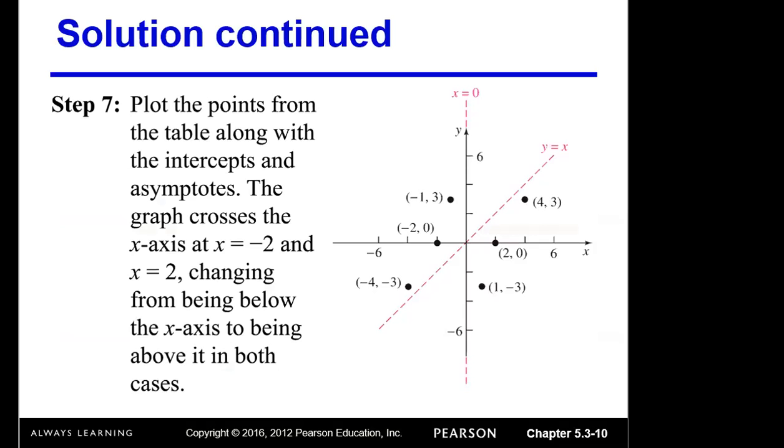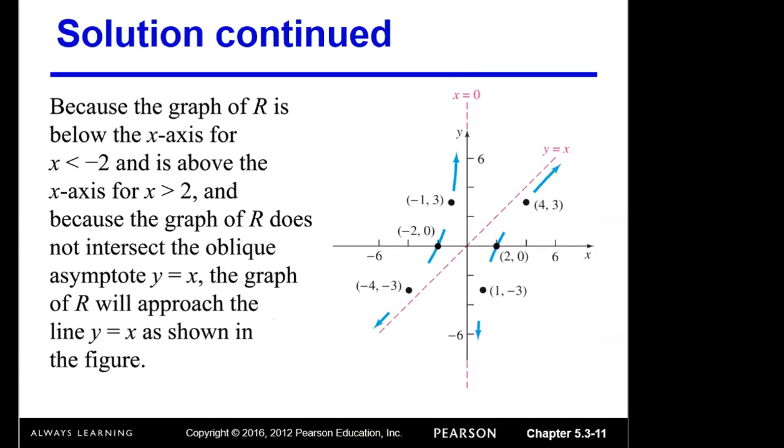And then they drew in the pink dotted lines. You've got the oblique one, and then the vertical one is right here. It's hard to see on top of the y-axis, but it's there. So they plotted the points, they drew in the asymptotes, and then they took into consideration all the things that were just said about being below or above the graph and whether it crosses the x-axis. And they came up with that.